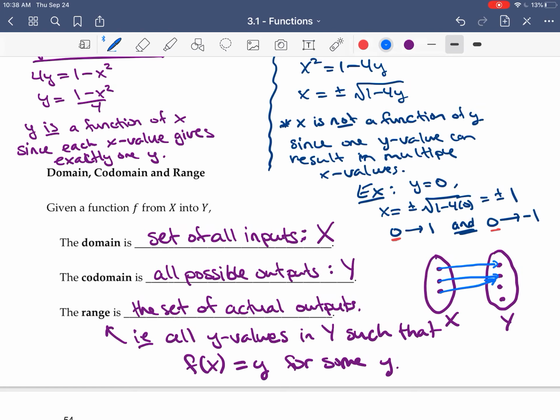So this x is the domain. Everything in x goes somewhere. Y is the codomain. But only these two elements are going to be in the range, because they're the ones that get mapped to. The other two do not. So they're only in the codomain, not in the range.